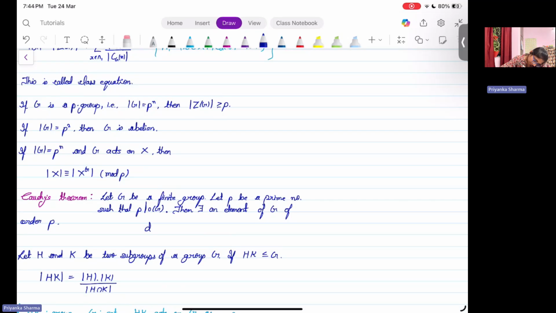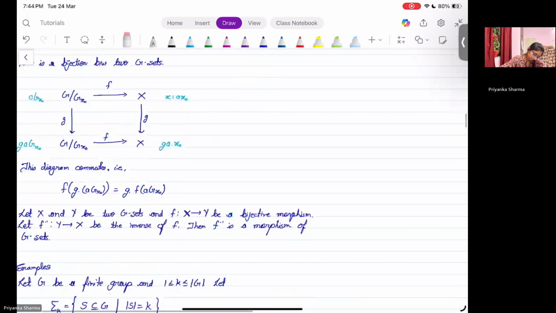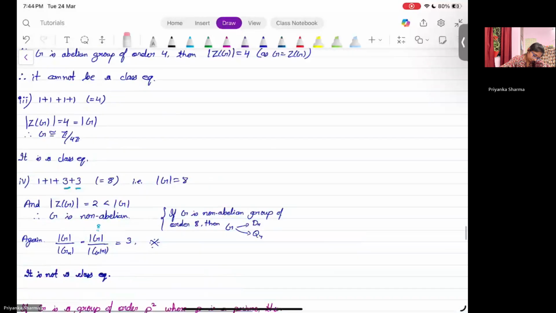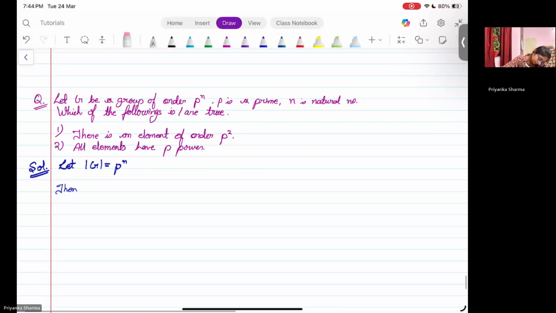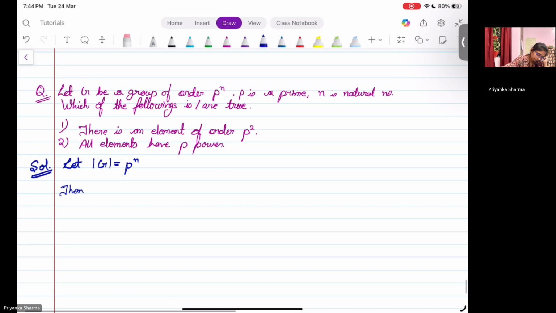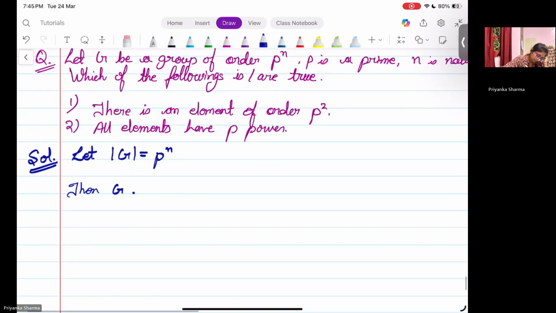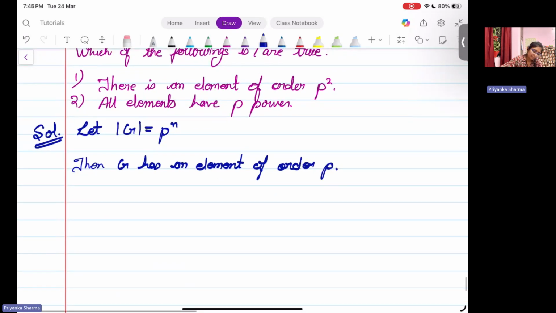If some D divides the order of G such that this D is a prime, then there exists an element of G of order P. It means G has an element of order P. But what about P square?